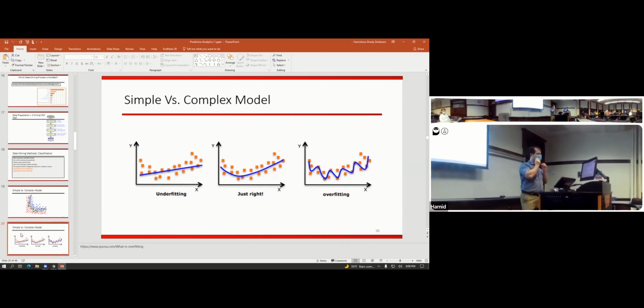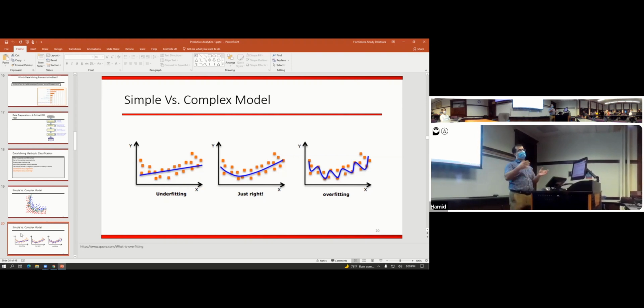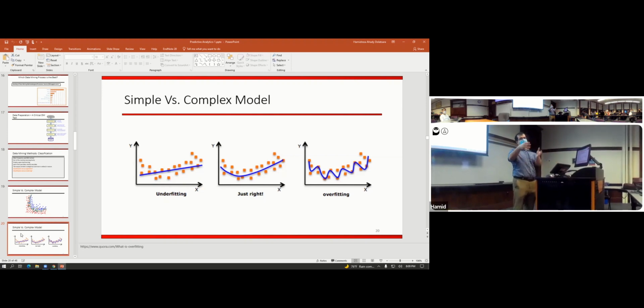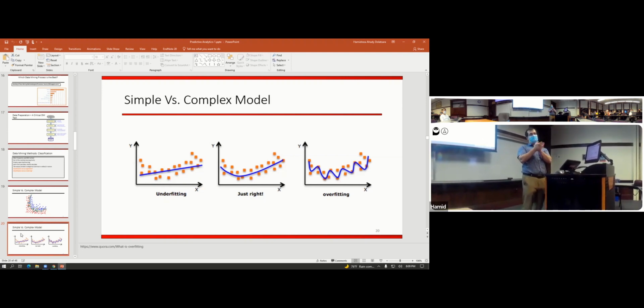Having said that, usually if you use too many variables for your model, let's say 40, 50 variables, in those cases you have overfitting. You have a good prediction performance on the training set, but in the test set or future cases, you don't have a good model.